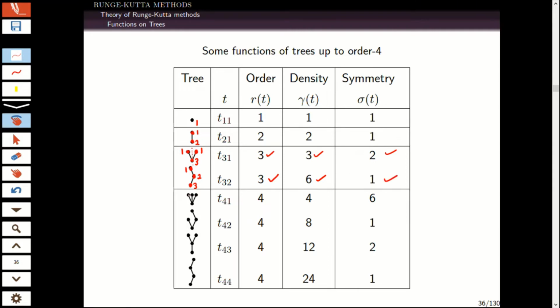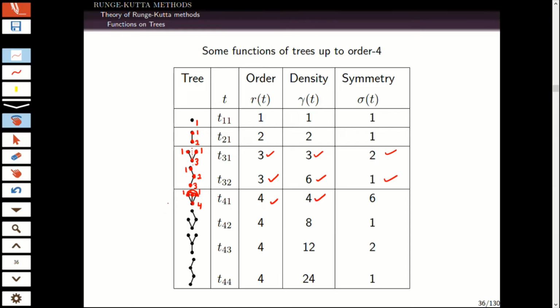For this tree, this is an order 4 tree, 1, 2, 3, 4. The density will be 4 times 1 times 1 times 1, which is 4. Now the symmetry for this, we have 1, 2, and 3.